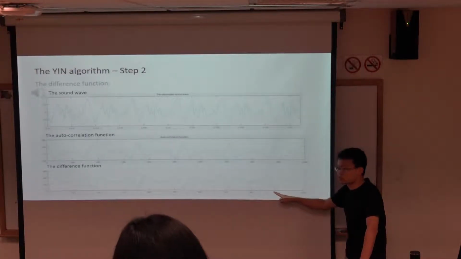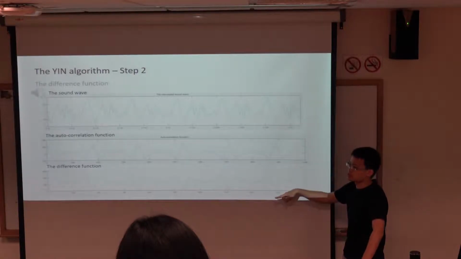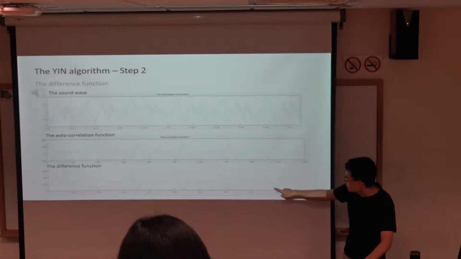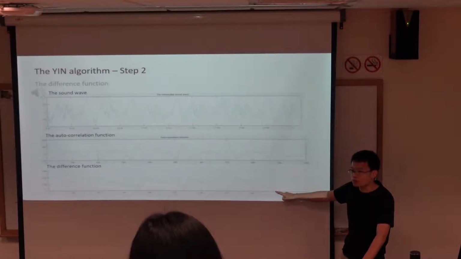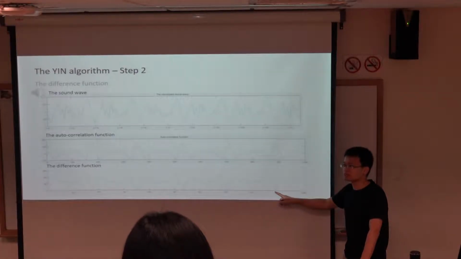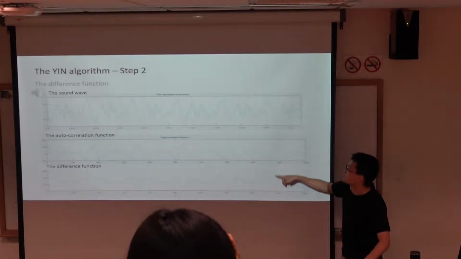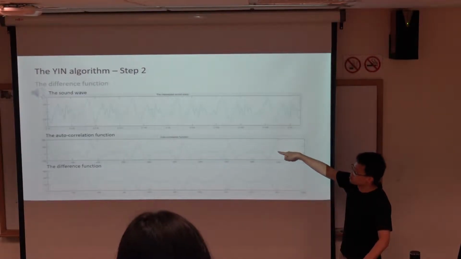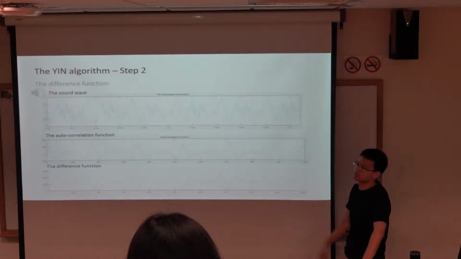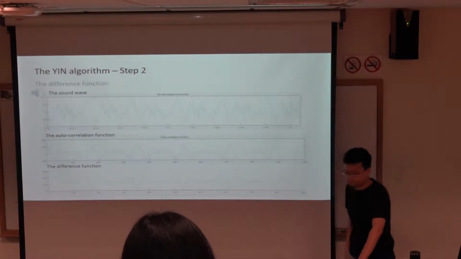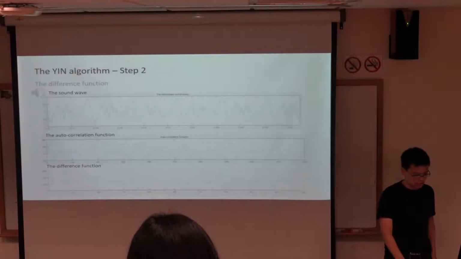If the function reaches zero here, then that means it's a perfectly periodic signal. And maybe this is not 0, it's 0.1. Okay, so it's good, but not that perfect. But here we don't have that line. The signal could be any height. So that's a difference function.